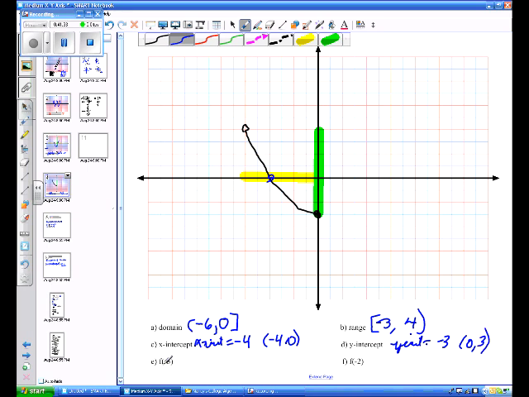If we find some specific values, we want to find f of negative 5. So negative 5, it's about 2 is what that looks like. And again, your graphs are not exact. And then f of negative 2, it looks like we have negative 2 there.